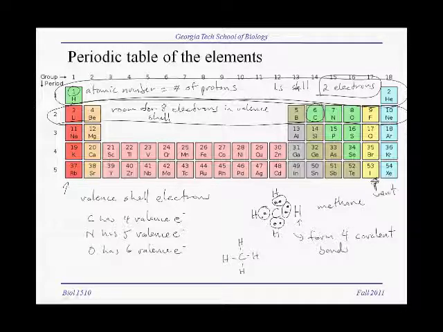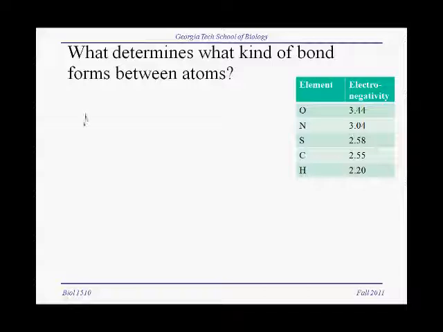Therefore, when a sodium atom with 1 valence electron runs into a chlorine atom which has 7 valence electrons, well, the sodium atom is happy to completely give up its electron. And when this electron goes to the chlorine atom, the sodium atom now has 1 less electron, so it acquires a positive charge.